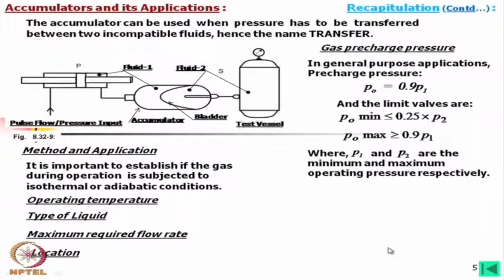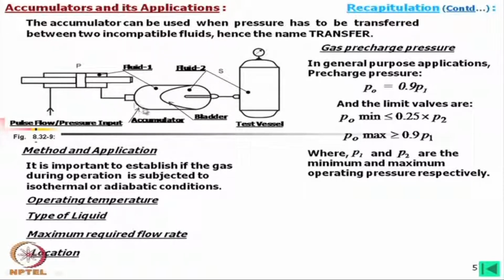Now, if we look into the applications, the accumulator is also used for transfer. Transfer means, for example, this is a test vessel being tested with water. Inside the bladder, we can put water, and this we can also fill with water.